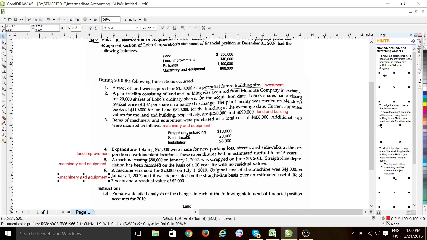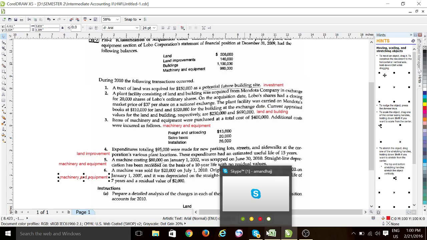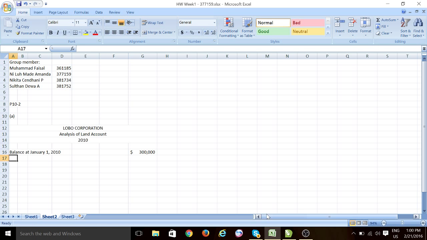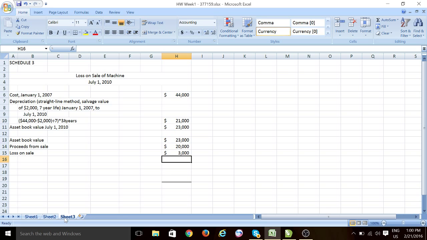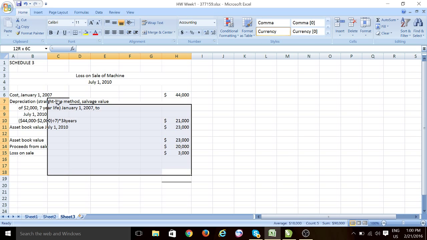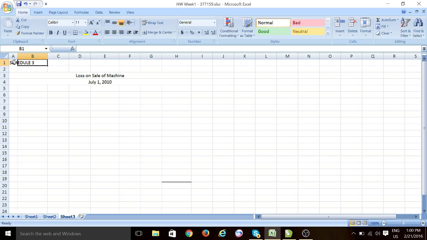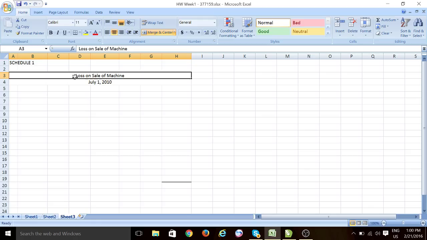So first we need to find out how much is the cost for the land and how much is the cost for the building. So I'm going to make that in the schedule first, schedule 1, to calculate the cost of land and building.